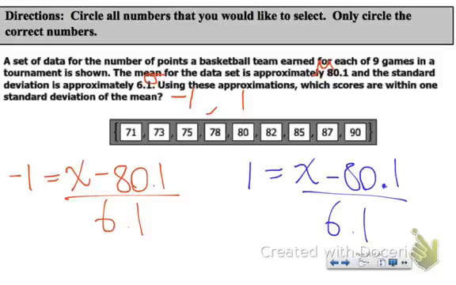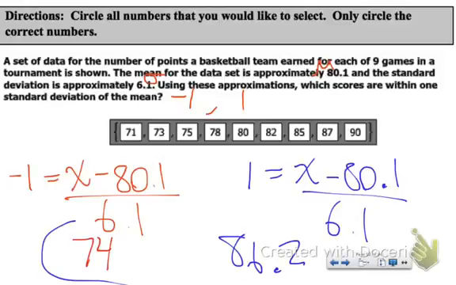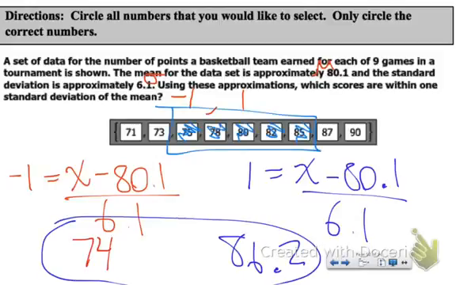So for within 1 standard deviation below the mean, we get a cutoff point of 74. And for 1 standard deviation above the mean, we get 86.2. So now you're looking for all the values that fall between those 2 numbers.